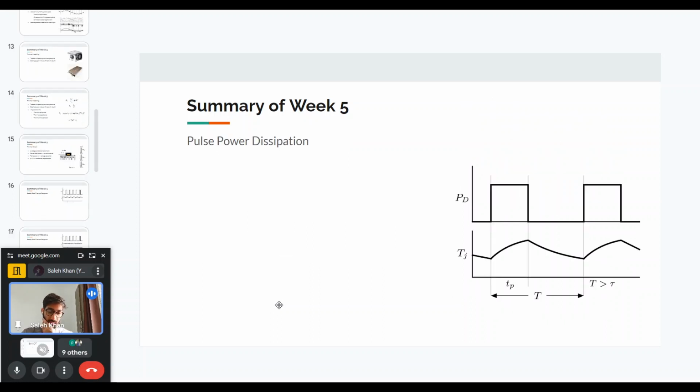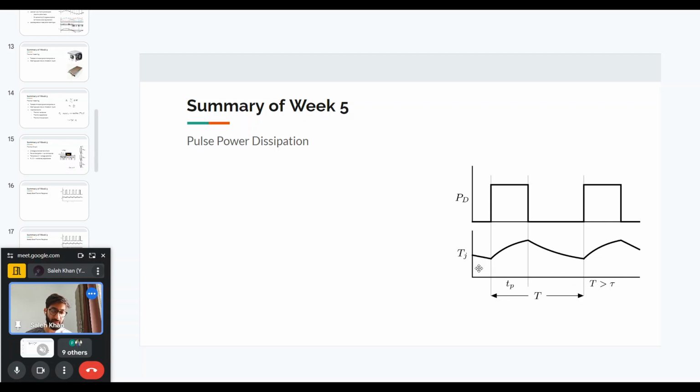Now, we can have a different type of thermal response where the power pulses are very slow. That means the time duration between successive pulses is so long that this time is greater than the thermal constant.